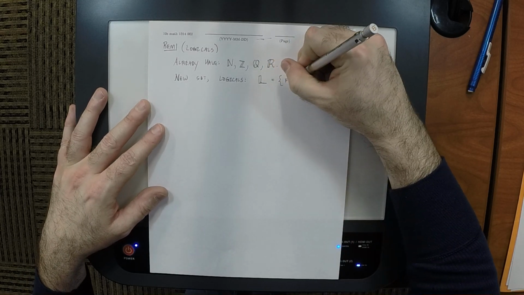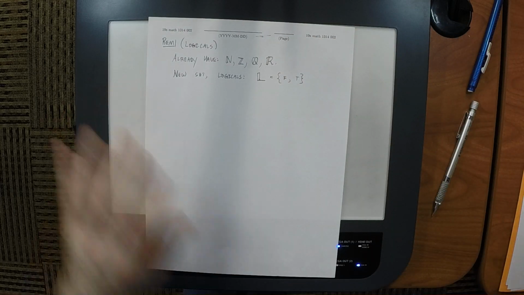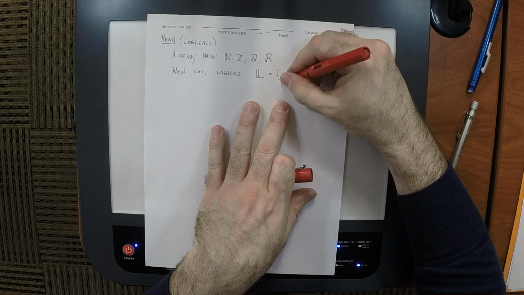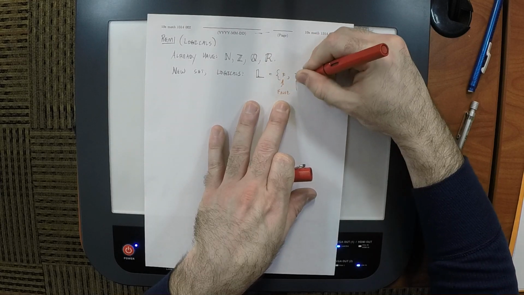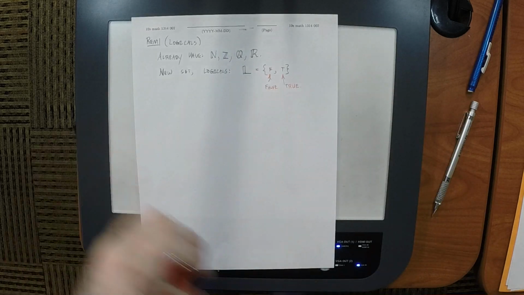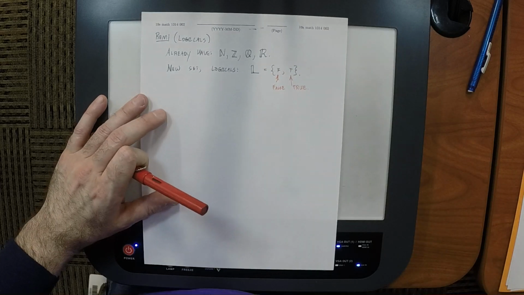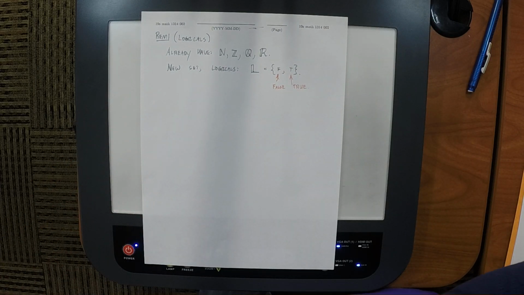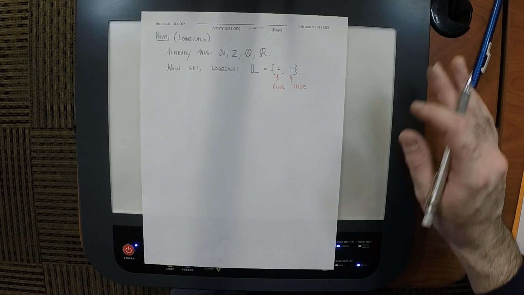They are denoted with F and T, and their meaning is false and true. They mean what you know them to mean. So I can make a statement, and the statement could be false or true.